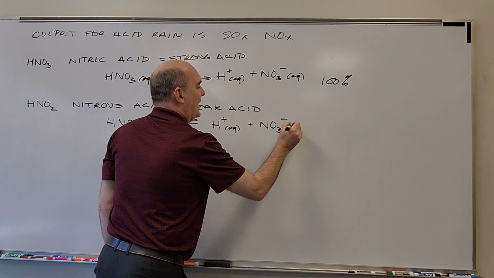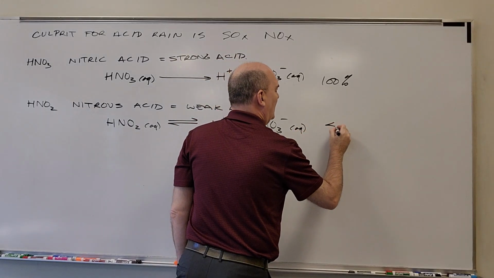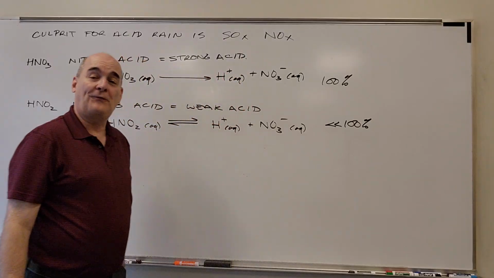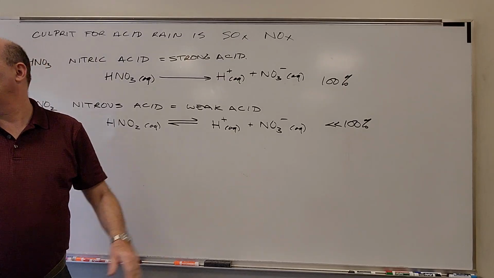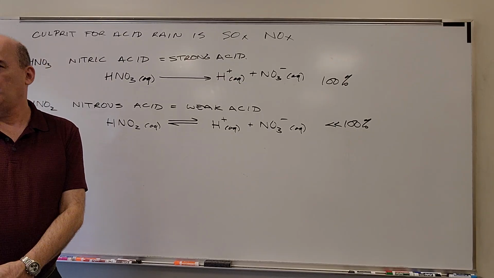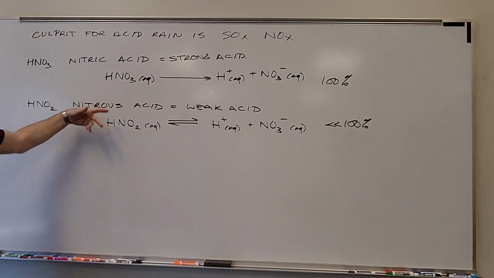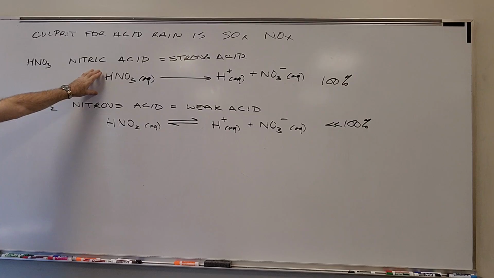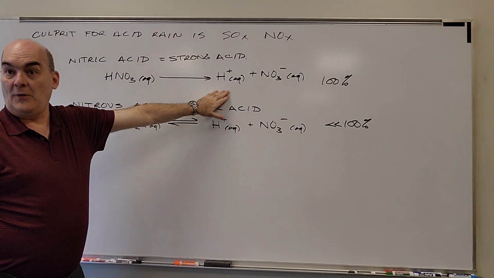And weak acids have Ka values, the acid dissociation constant, where this value is much, much less. Really, it might only be a fraction of a percent. Only a little bit of H+ comes into solution. Okay, so these two acids are not the same as each other. If I have a mole of nitric acid, I have a mole's worth of acid to give away.